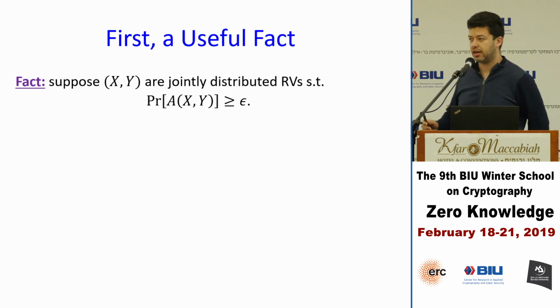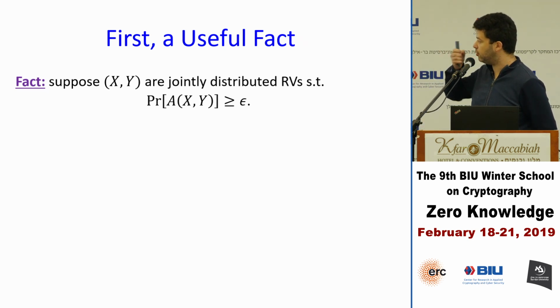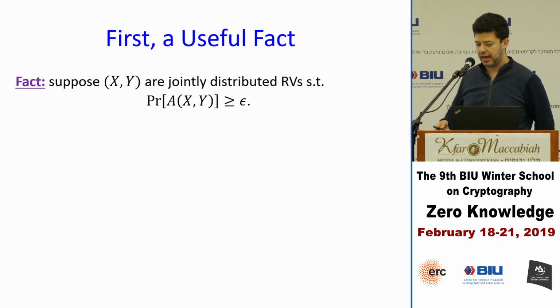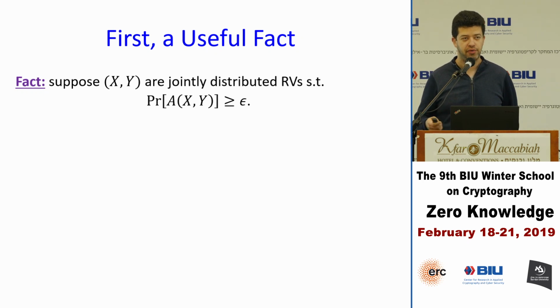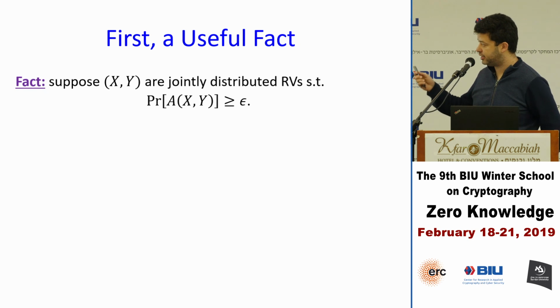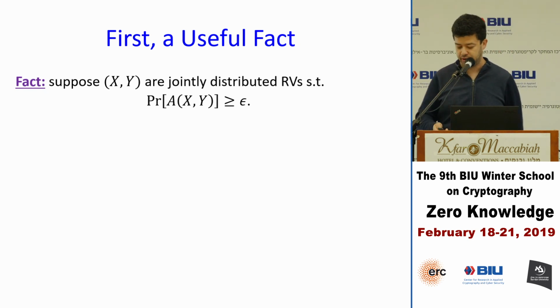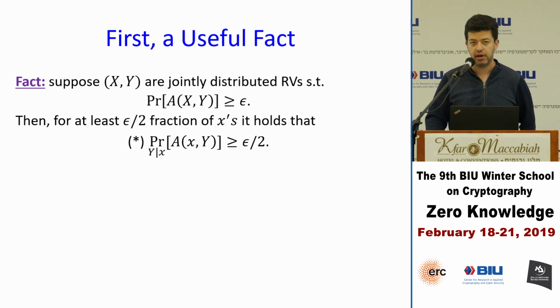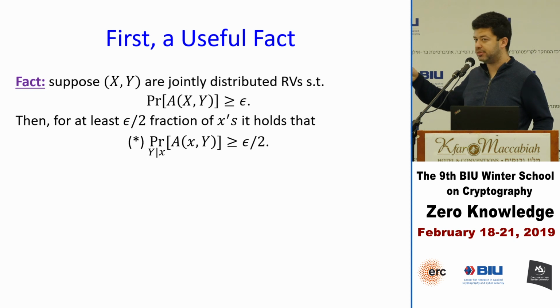Suppose that we have a joint distribution between random variables x and y, and there's some event A happening over this probability space. And let's say that if you sample x and y jointly, the probability that A happens is at least epsilon.